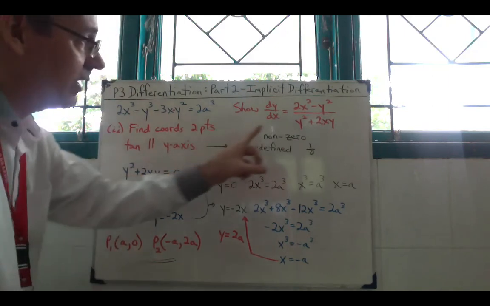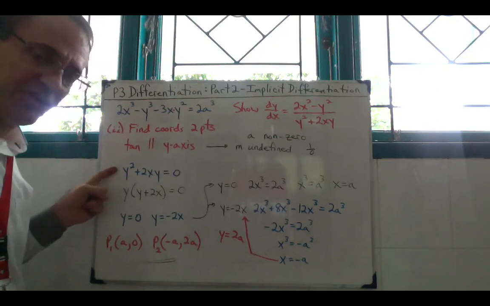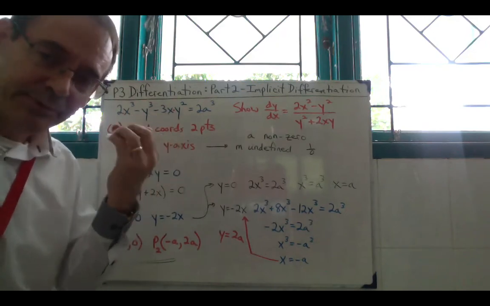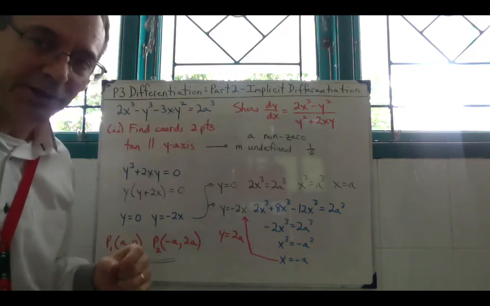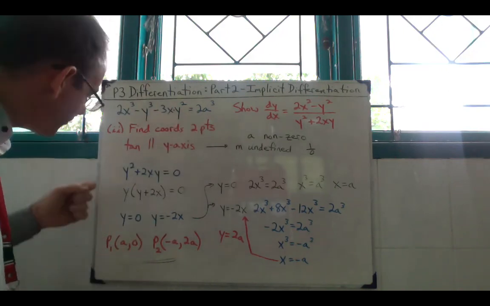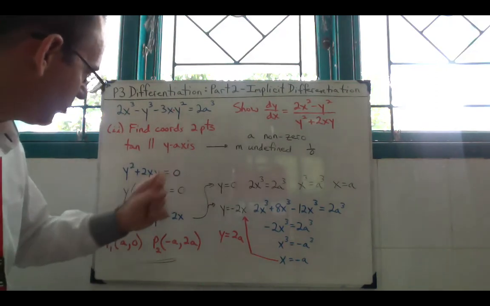Okay? So we want the y squared plus 2xy equals 0. This is application and correlating information that you have learned in the past. So here's the equation that we're working with, y squared plus 2xy equals 0.